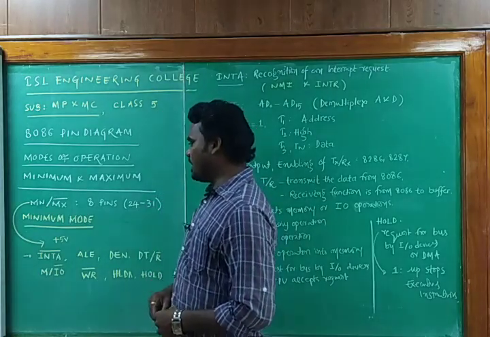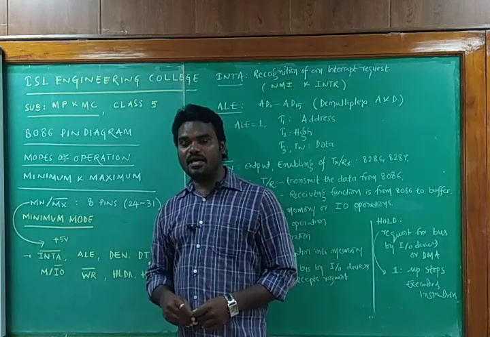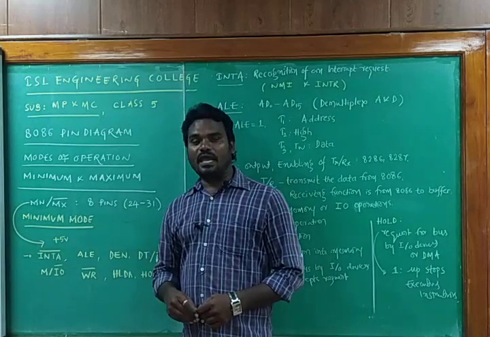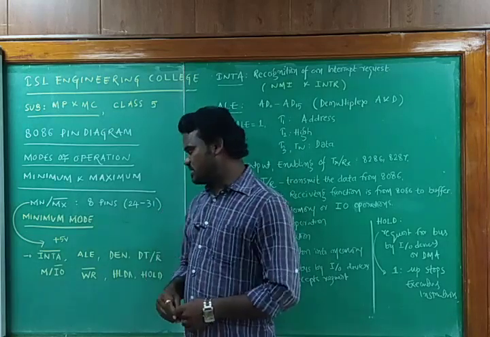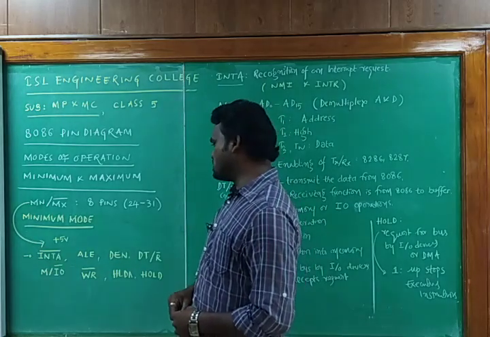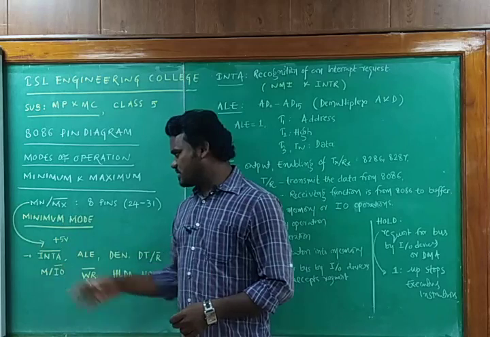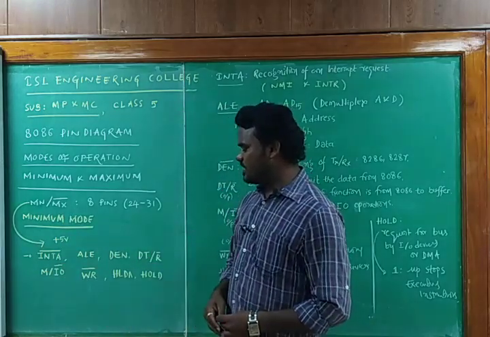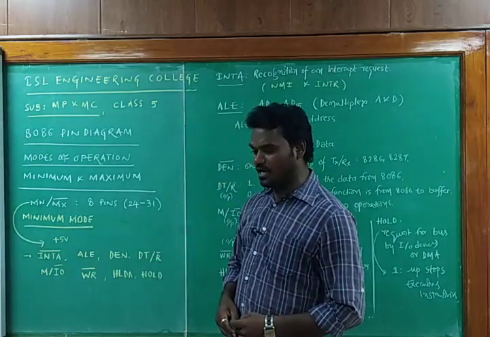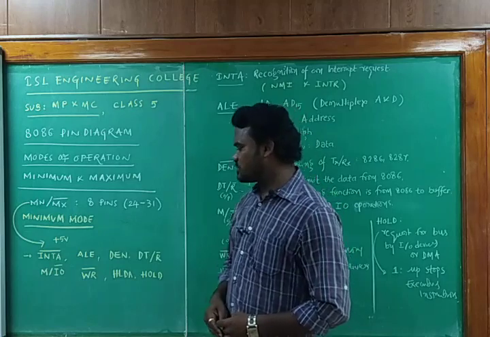In both the minimum and maximum modes of operation, 8 pins serve specific functions, and those 8 pins are pins 24 to 31, as we discussed earlier. In the minimum mode of operation, we have 8 signals which serve specific functions.